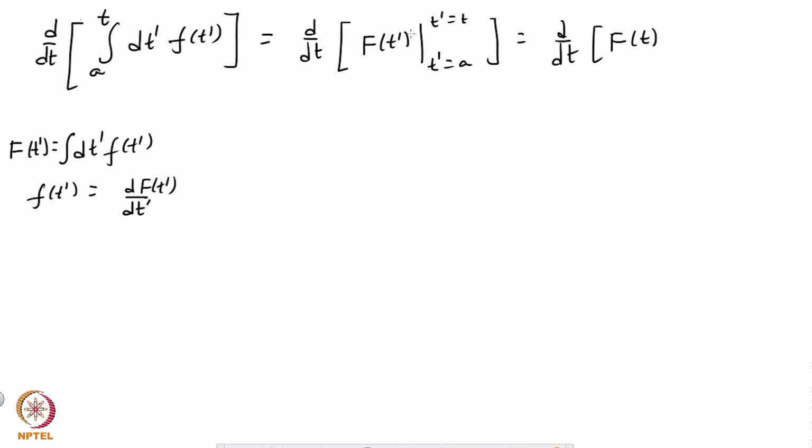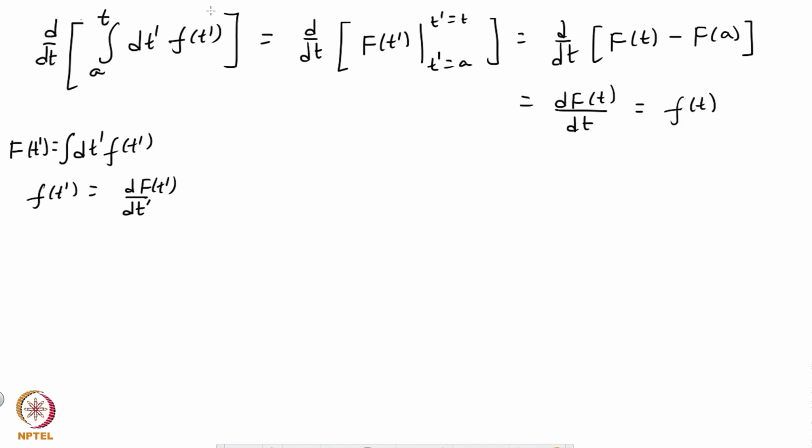So when I put t prime equal to t, this becomes F of t minus F of a. And as I said, a is a constant. The only place where you have t is here. So this derivative drops out, and you get dF over dt, but the derivative of capital F is small f. So this is f of t.